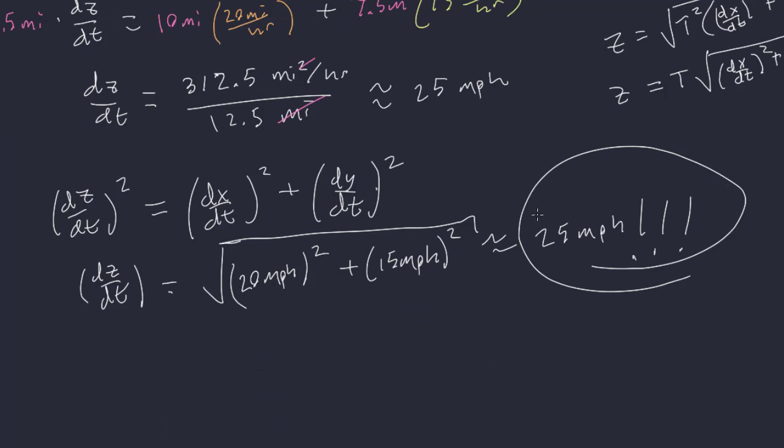All right, so it's interesting that it just ends up working that way, but if you think about it, we have the 20 miles per hour going this way and the 15 miles per hour going this way. Since it's all constant rates of change, it makes sense that we'll have the 25 miles per hour on the hypotenuse. Now, be real careful with this.